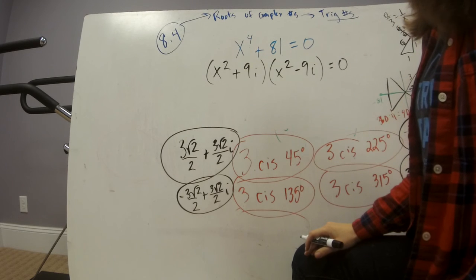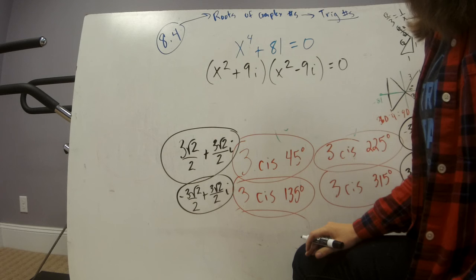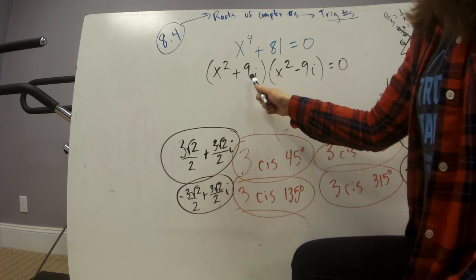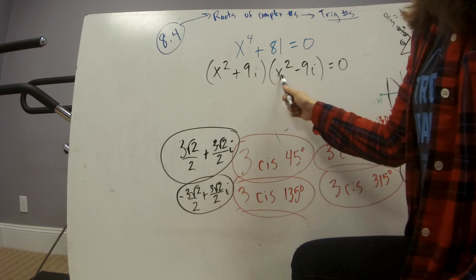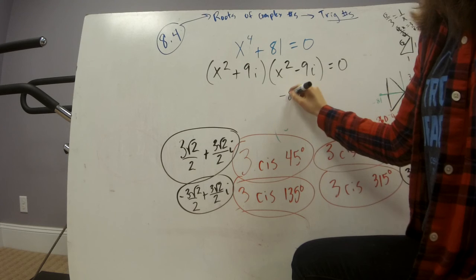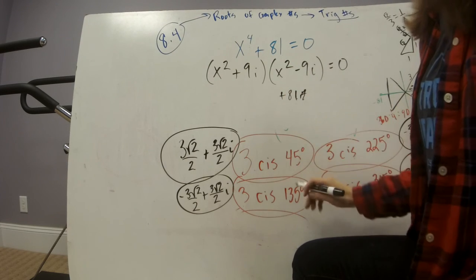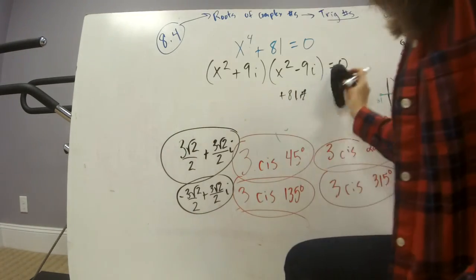Because if I went ahead and did this, then I would be like, okay, x squared times x squared is x to the fourth. These are going to cancel, and then I'm going to have negative 81i squared. So the i squared is going to go away and get this. So I actually know that happens to factor into that.